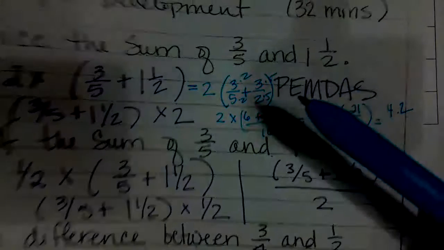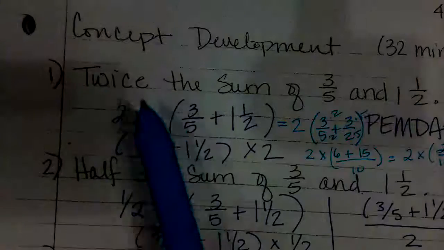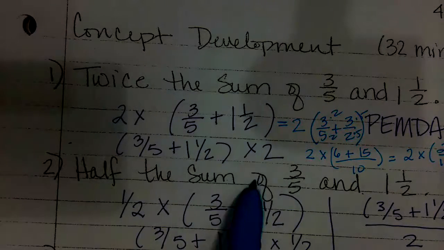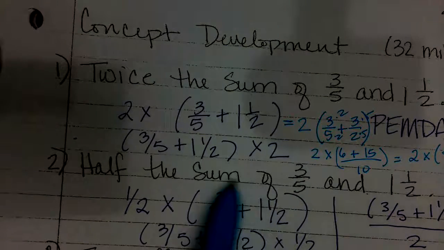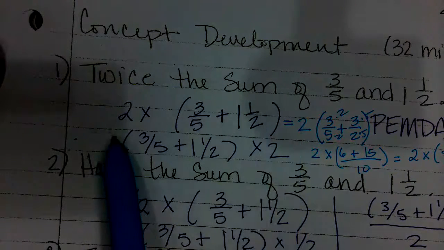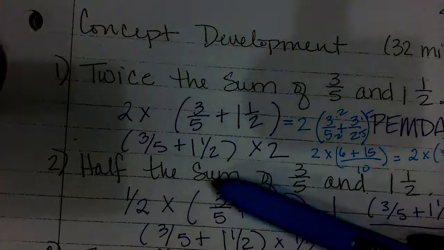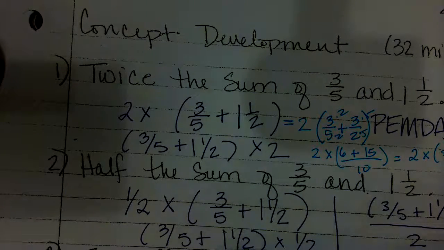Now, we talked about it back over here when we said twice the sum versus half the sum. Remember? Something that's twice as much is 2 times as much. Something that's half of as much is half. So think about that as you answer A and B. So you actually need to use words.